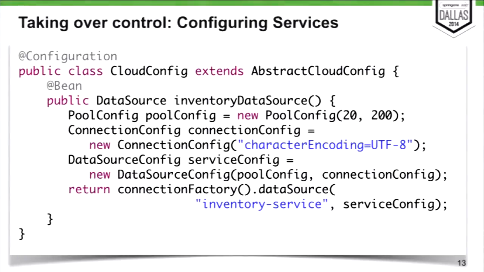And I also want to have some connection configuration, character encoding, and some other things. So I create that, then I create a data source config based on those two, pool config and connection config, and then use my data source API, except instead of giving just the name of the service, I also give the configuration through which it should be created.